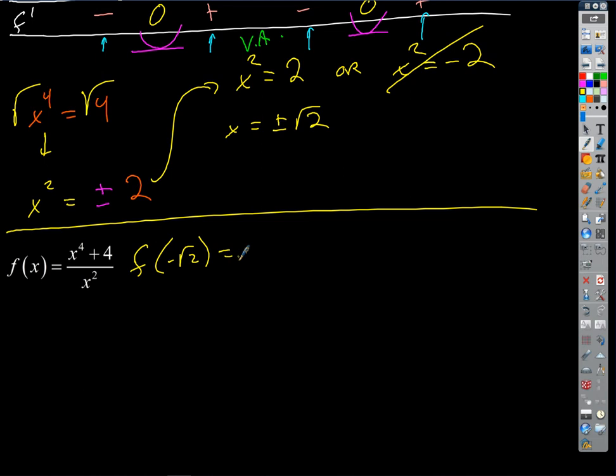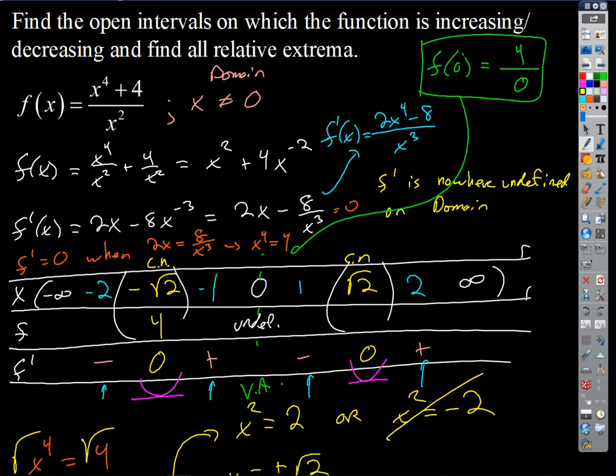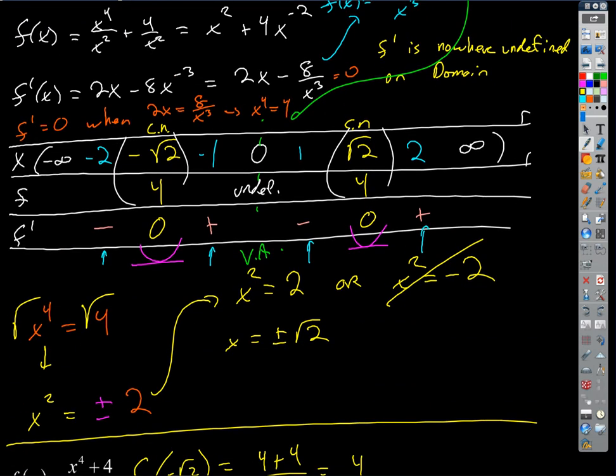So f of negative radical 2: negative square root of 2 squared is 2, squared again to get to the 4th power is 4, right? So we're going to get 4 plus 4 over 2 equals 8 over 2, which is 4. So we got the ordered pair negative radical 2, positive 4. And then we're going to get the same thing here, aren't we? Right? Okay. So now let's take this table and come up with a sketch for this thing.